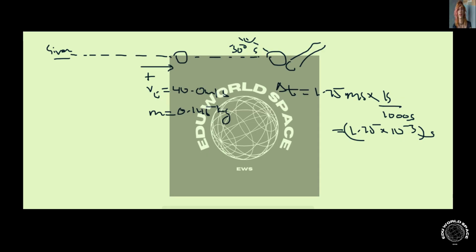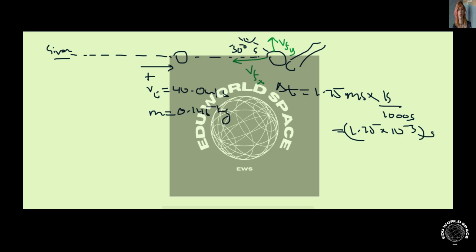Remember, the ball is coming from the left, moving towards the right, and then it gets hit such that it's going to have component velocities. So it has a velocity in the horizontal direction, which you can call v final x, and it also has v final y.